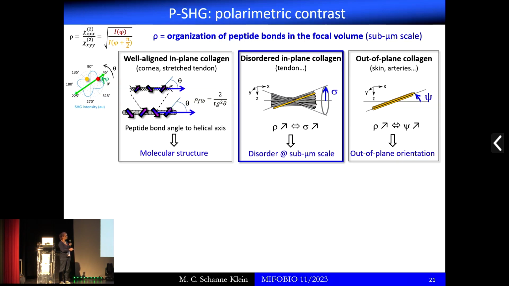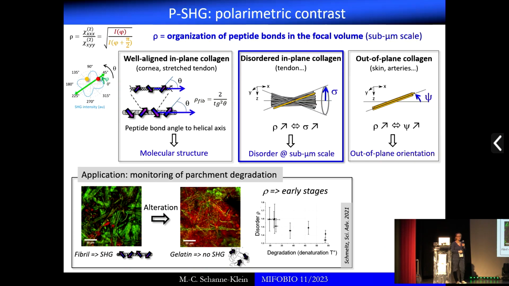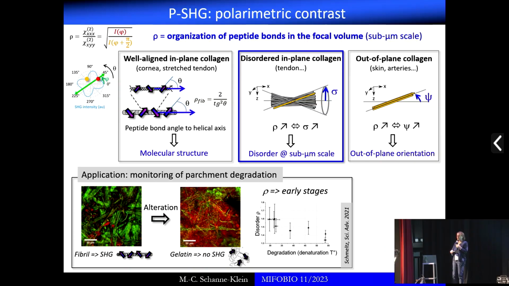So one way to use this parameter is not really in biological tissue. So still it's biological tissue. It's a parchment. So parchment is made of animal skin that is stretched. So the fibers are perfectly in the plane of the parchment. And when we have some alteration of this parchment, the collagen is completely denatured. So there is no second harmonic anymore.